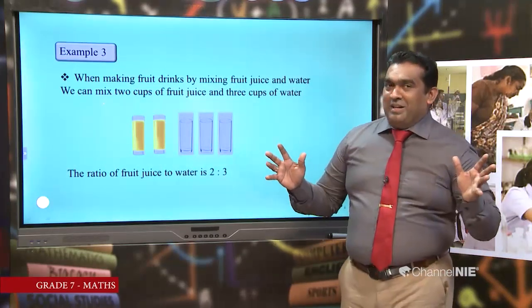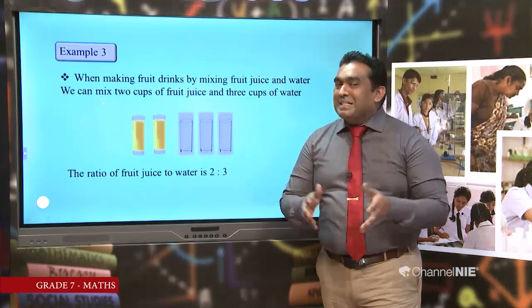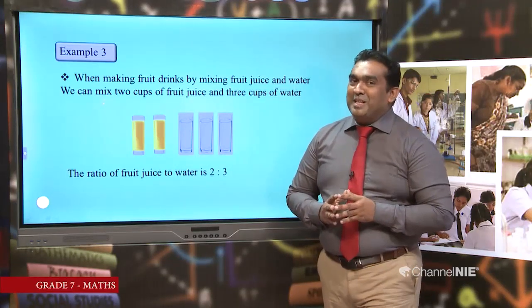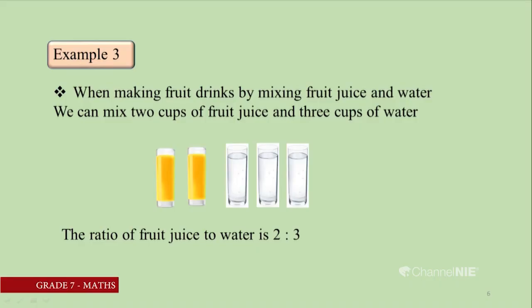Example 3, a very familiar example. When making fruit drinks by mixing fruit juice and water, we can mix 2 cups of fruit juice and 3 cups of water. How to express the ratio?